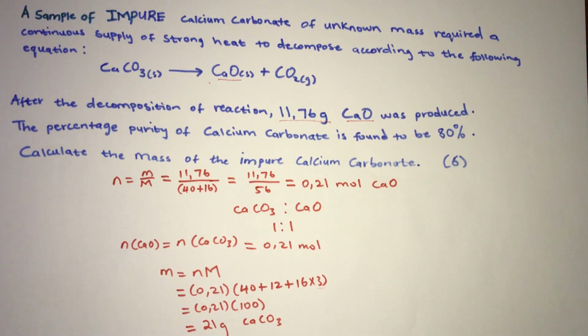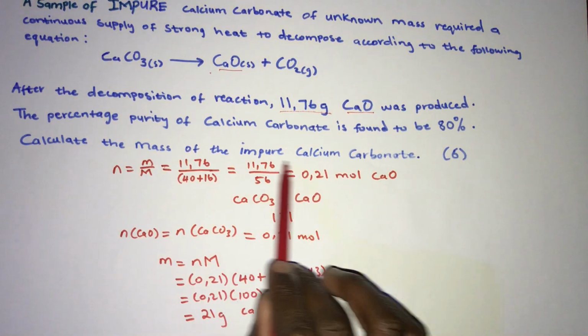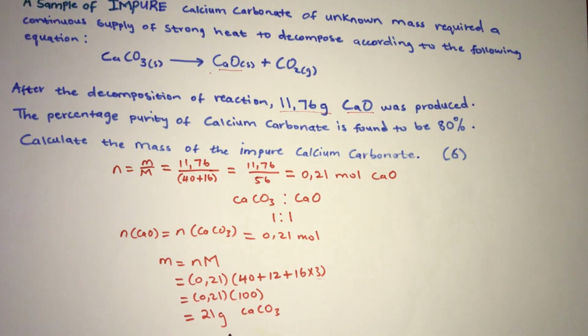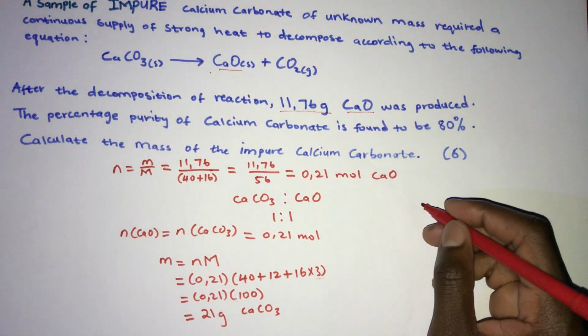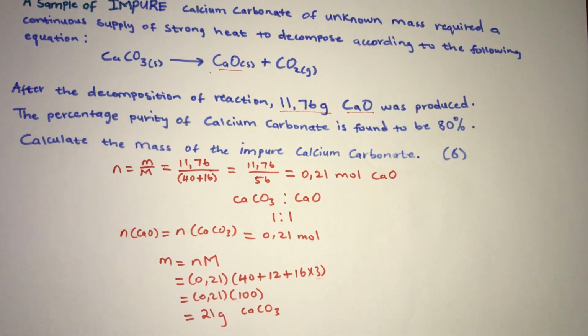Since now we have the mass of calcium carbonate, this is the pure mass. The question said we must calculate the mass of the impure. So this is the pure mass that we get. What are we going to say now?